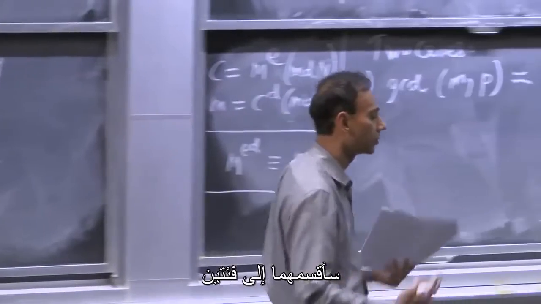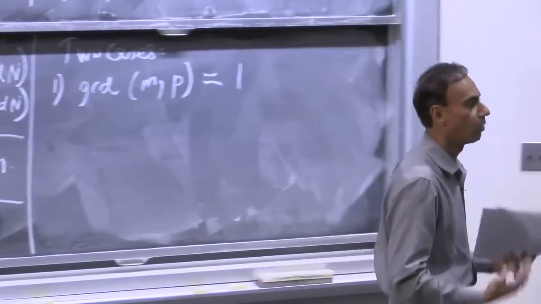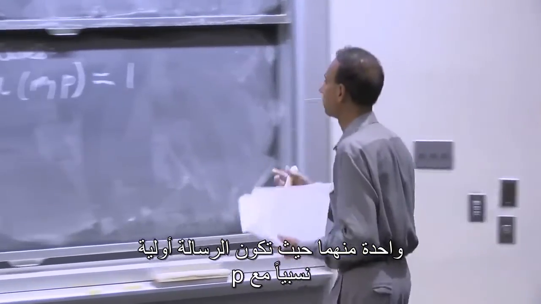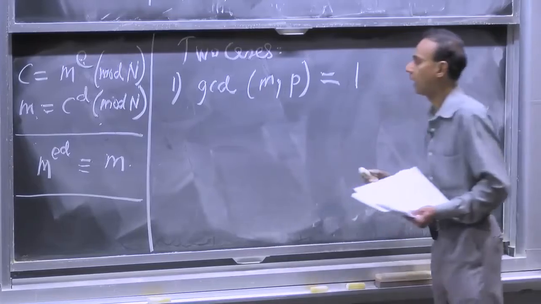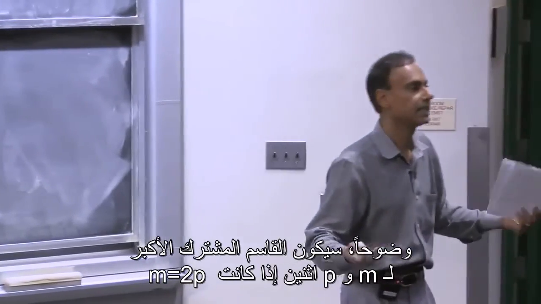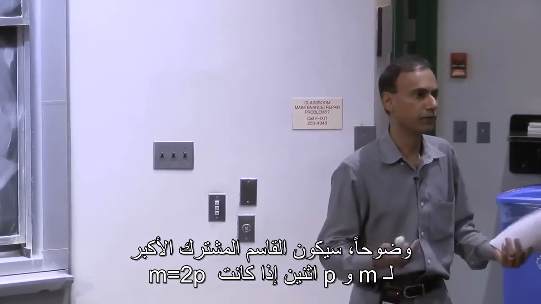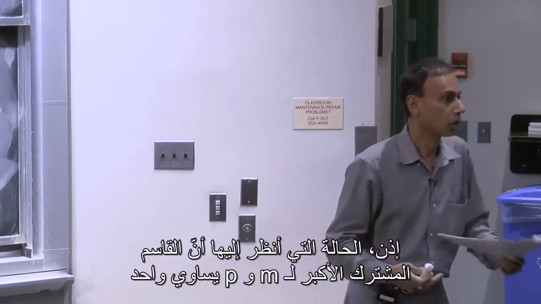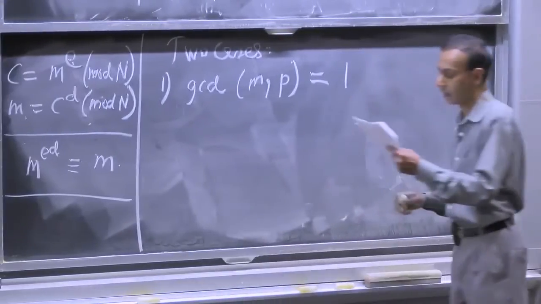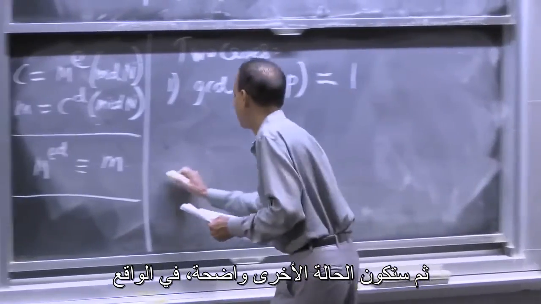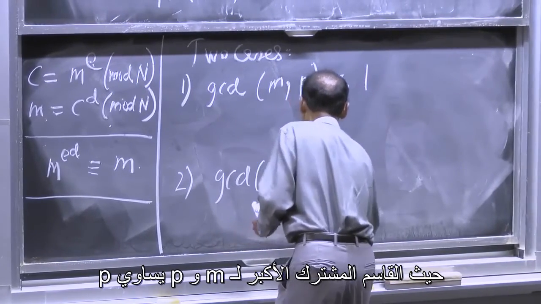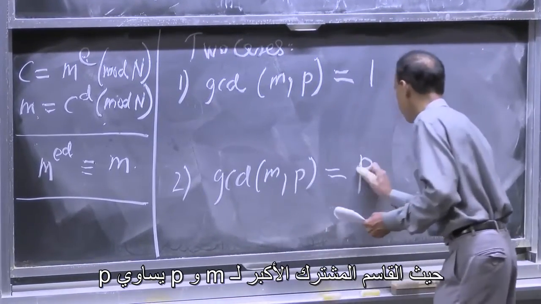In one category, the message is relatively prime to the prime p; it's not a multiple of p. The other case is going to be trivial actually, which is GCD of m and p equals p.